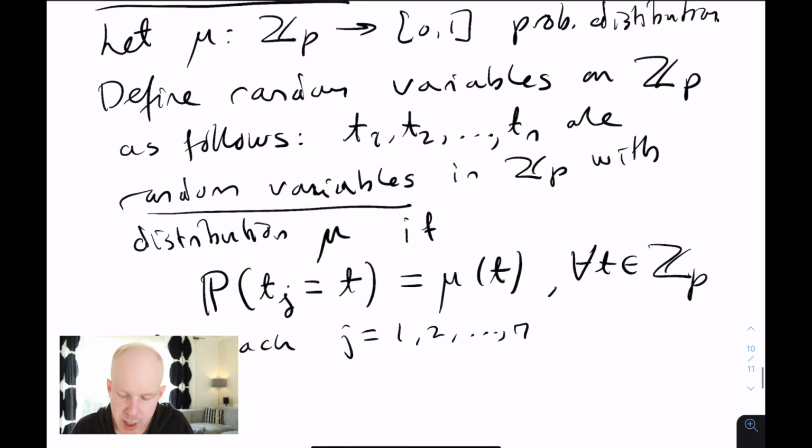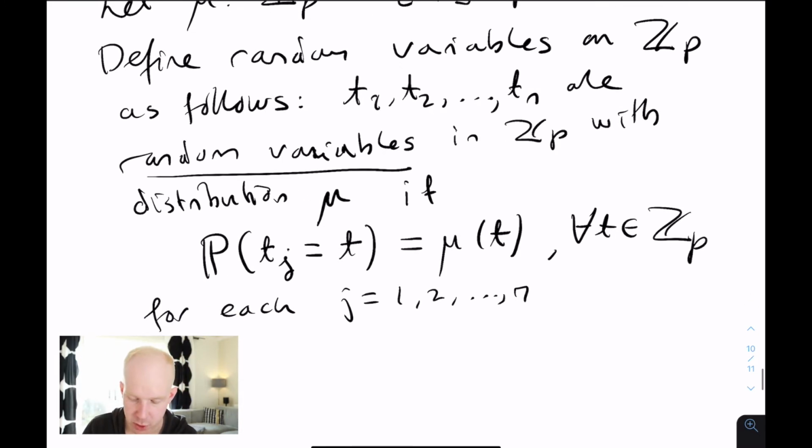So you basically have a sequence of possible random choices, and each of them is chosen with this probability, with this mu.